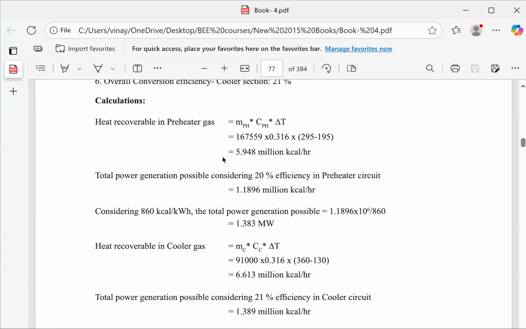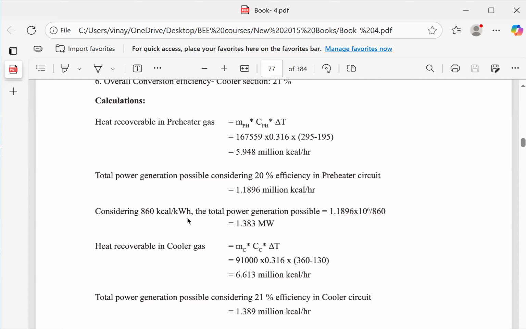Then so much million kilocalories per hour is the heat recoverable. Total power generation considering 20% efficiency in the preheater circuit: so much million kilocalories divided by 860 kilocalories, with the 20% efficiency.